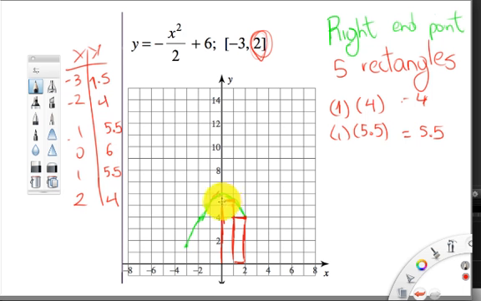Over here I'm going to move up to the next function value, which is 6. Create my rectangle, and I'm going to have 1 times 6. Next function value here is 5.5 again. So I'm going to have 1 times 5.5.